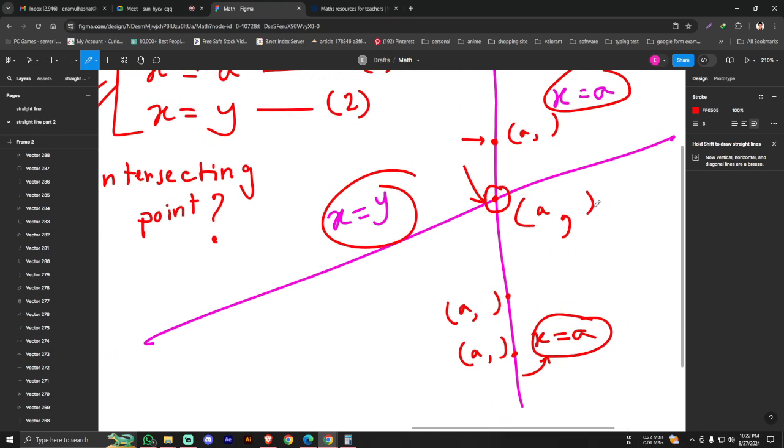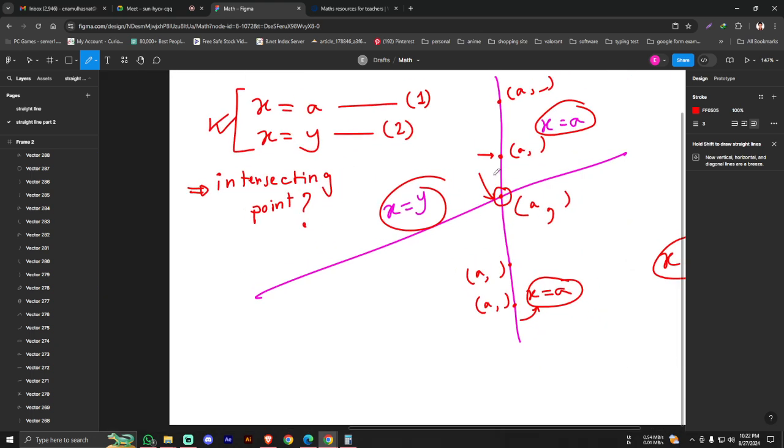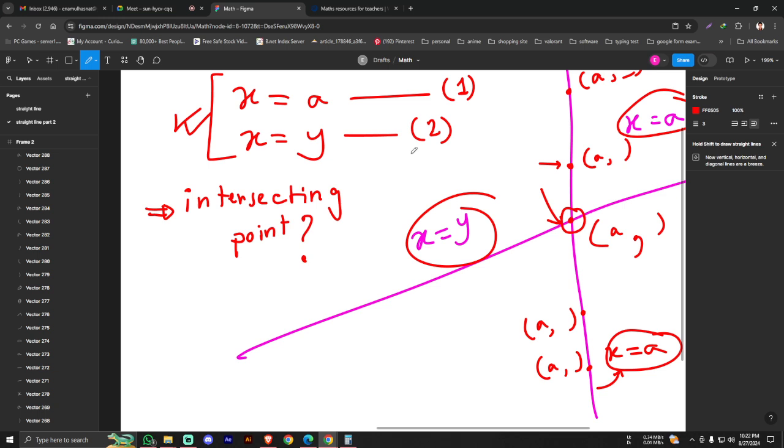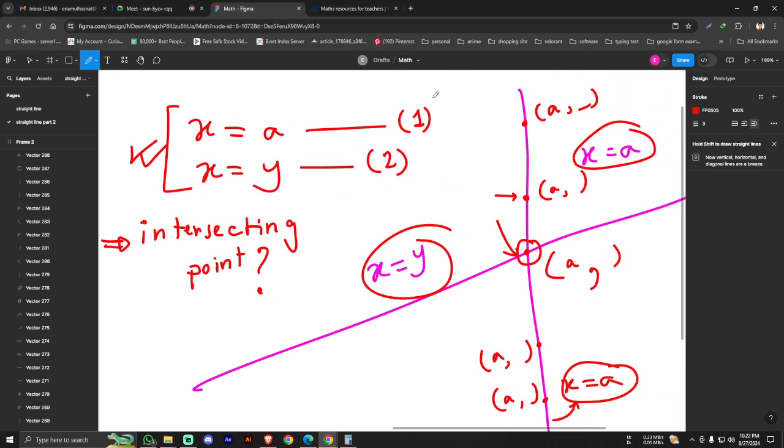Now to find the y, we cannot write the y directly. You have to understand that these two equations are intersecting in a point, right? Since they are intersecting, in mathematics there is a concept that we can replace the value of x in the second equation in order to find the y.